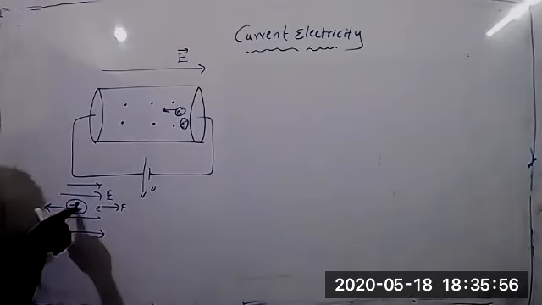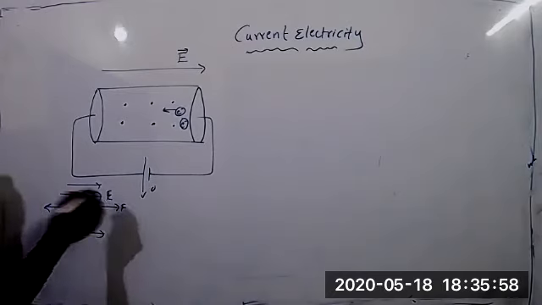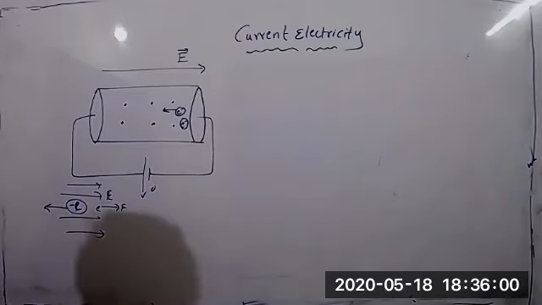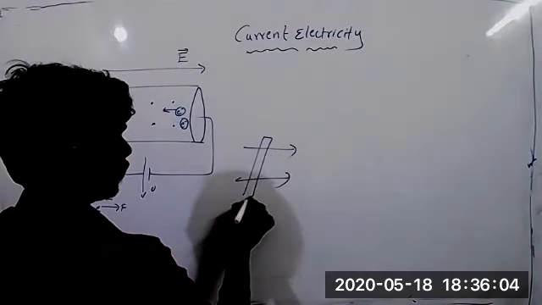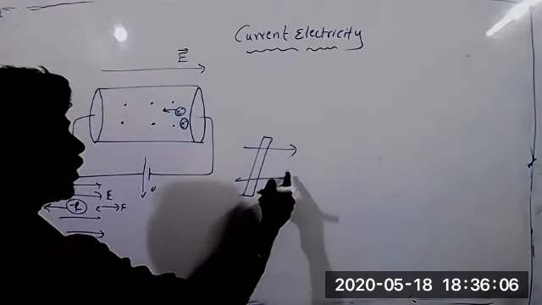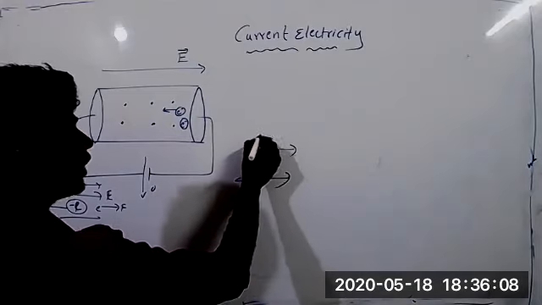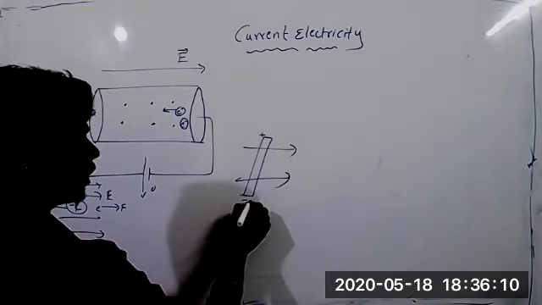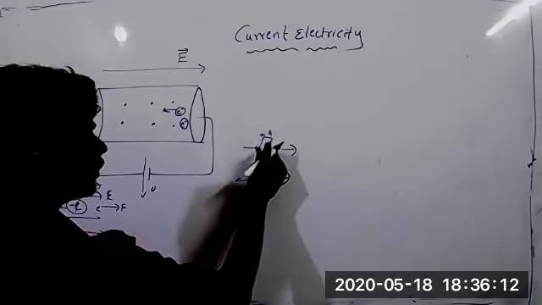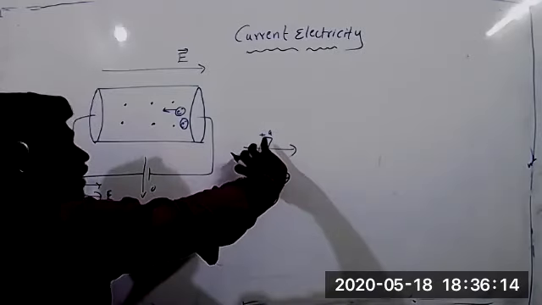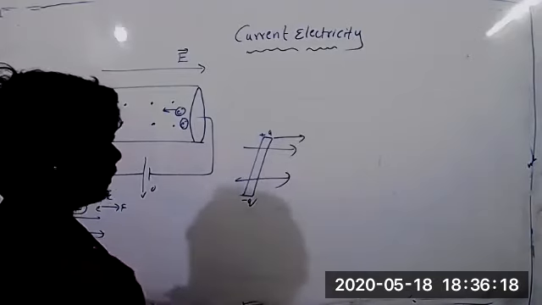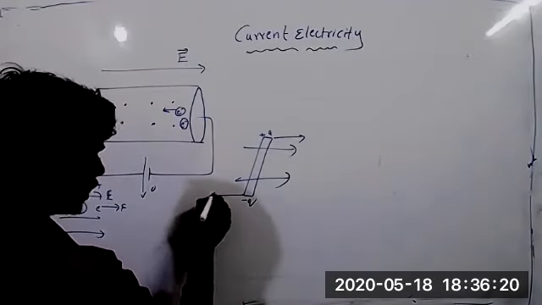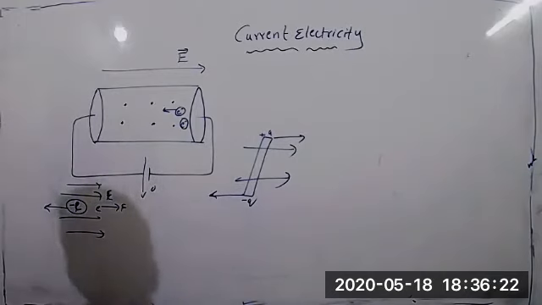But on the electron, force will act opposite to the electric field. Like when we placed a dipole in the electric field, with a positive and a negative charge, the dipole will move in this direction, because the electric field acts on the positive charge in the same direction, but on the negative charge in the opposite direction.